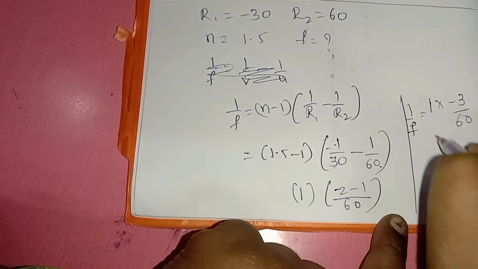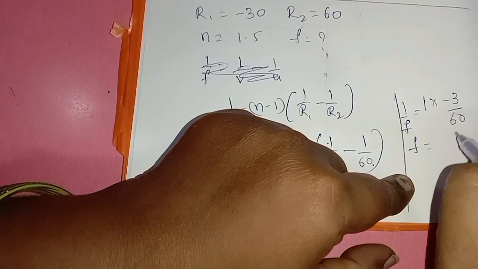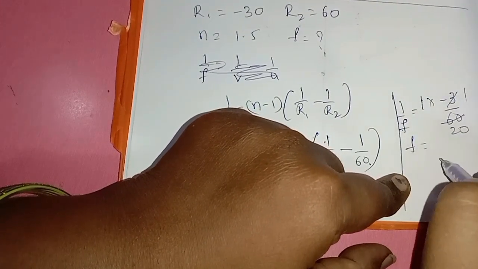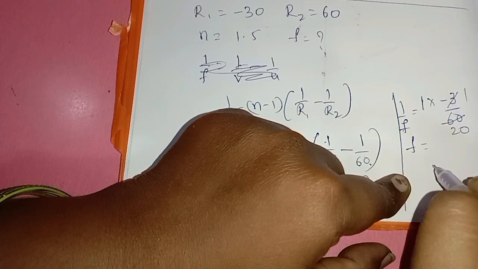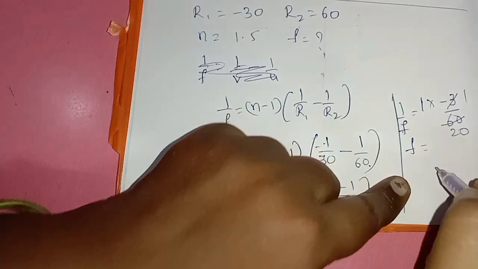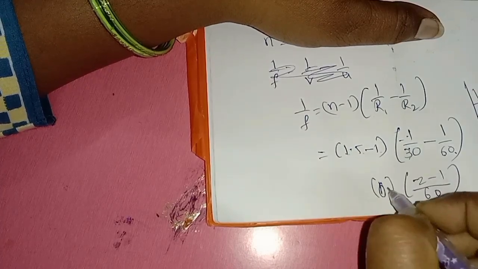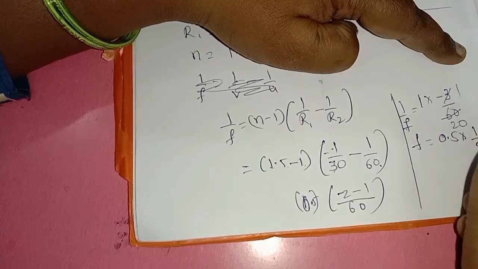So 1 by f equals minus 3 by 60. Cancelling, 3 ones are 3, 3 twenties are 60, so 1 by 20. 1.5 minus 1 is 0.5, so it is 0.5 into 1 by 20.